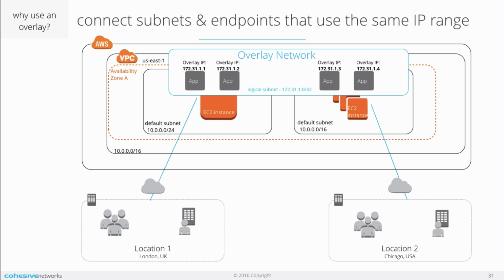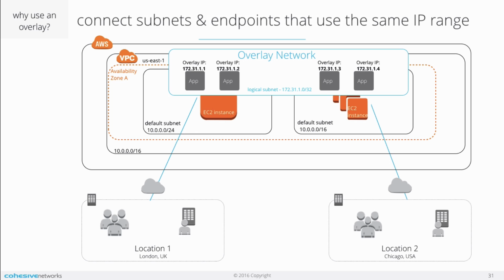So we talk about beware the default subnet. Here both London and Chicago have used VPC in US East 1 and went with the default subnet 10.0.0.0/24 or /16. The problem is that you can't connect or peer with the same overlapping IP ranges, or say you need consecutive IP range.